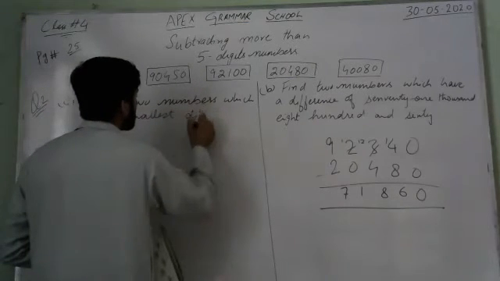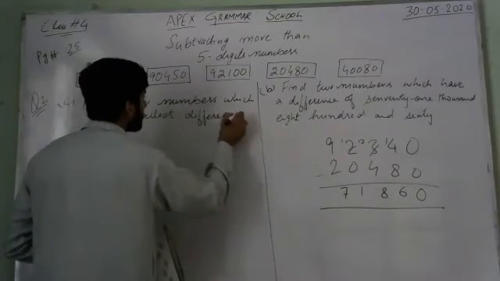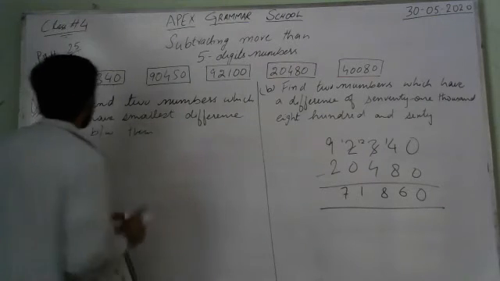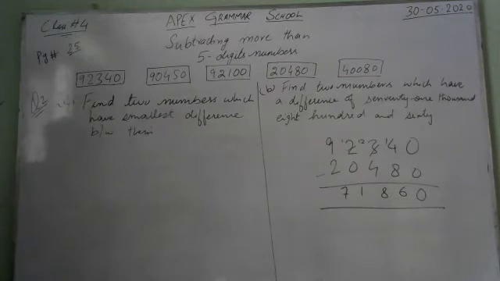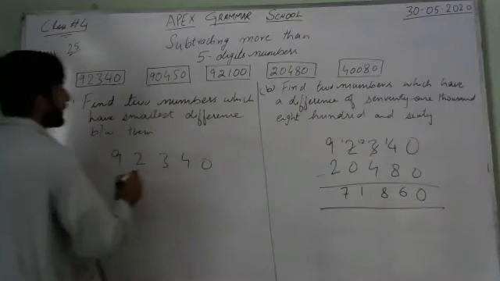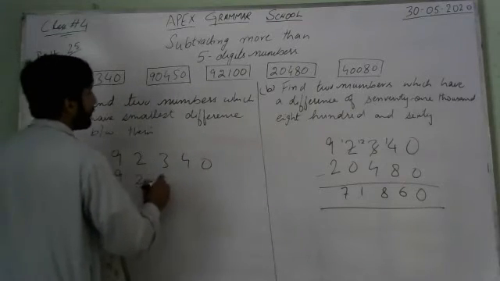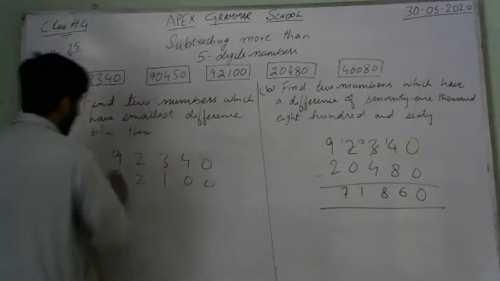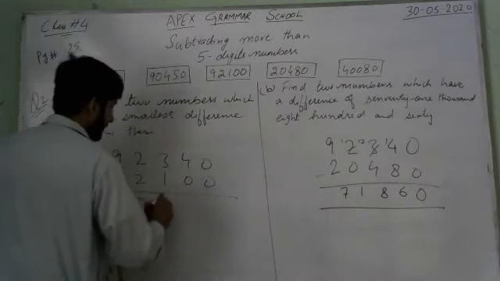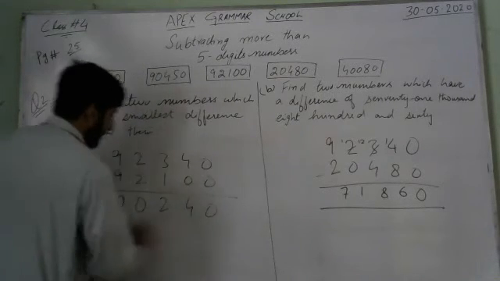So the first two largest numbers are those which have the smallest difference, which are 92340 and the next one is 92100. After subtracting these two numbers, the difference is 240.